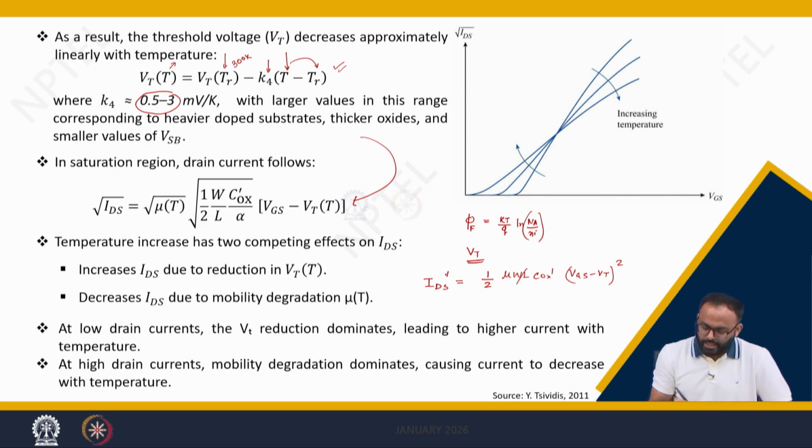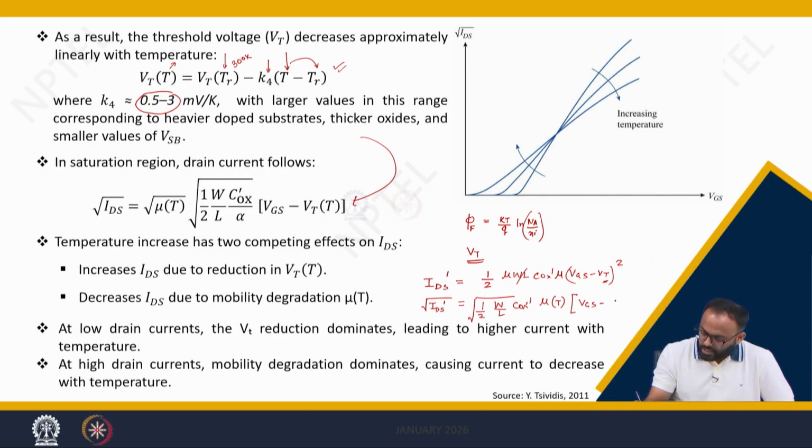So, I can write the square root of IDS as the square root of half of W divided by L COX dash, times (VGS minus VT), and now this mobility is a function of temperature.